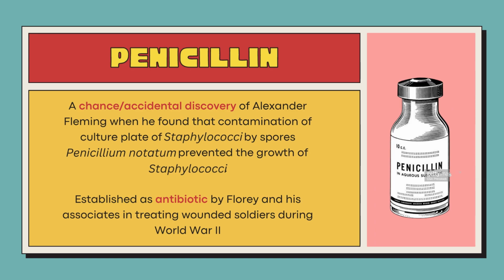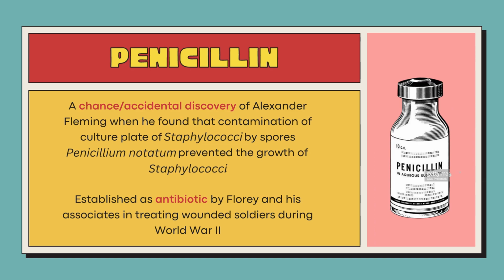He then demonstrated that the mold elaborated material antagonistic to the growth of staphylococci and named the substance penicillin. It was then established as an antibiotic by Florey and his associates in treating wounded soldiers during World War II, for which Fleming, Florey, and Chain were awarded the Nobel Prize in 1945.